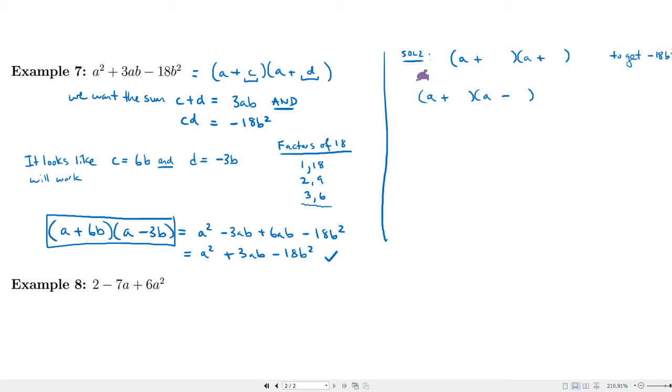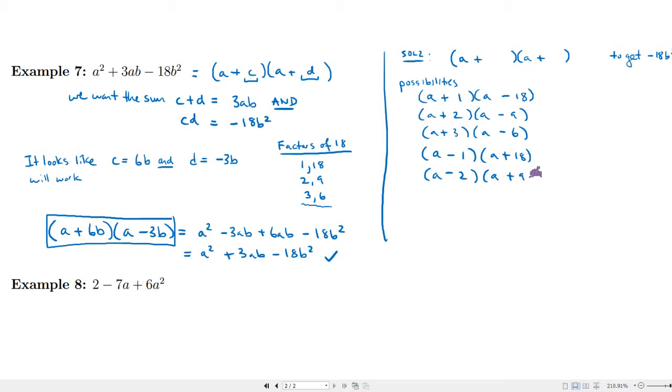So possibilities. You could have a plus 1, a minus 18, a plus 2, a minus 9, a plus 3, a minus 6, or now putting the negatives with the first factor, you could have a minus 1, a plus 18, a minus 2, a plus 9, a minus 3, a plus 6.